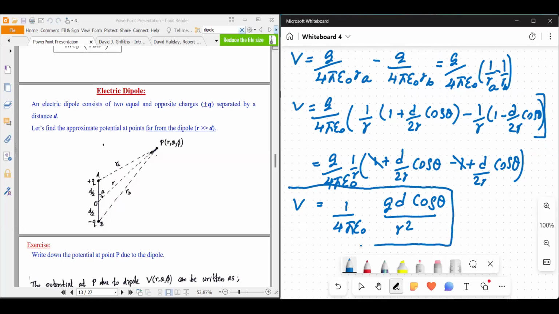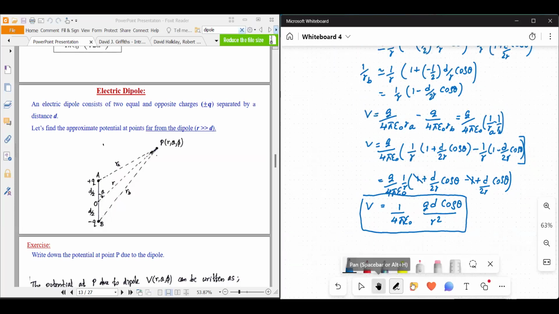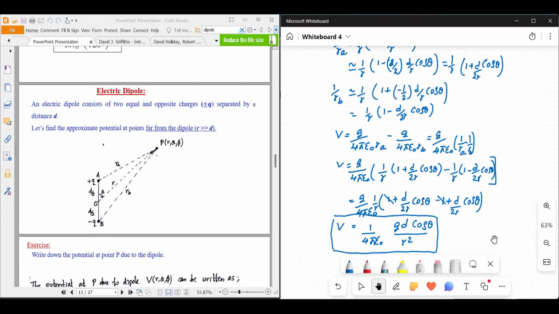Potential is equal to 1 over 4 pi epsilon naught q d cos theta over r squared. Okay, so you can take notes out of this.